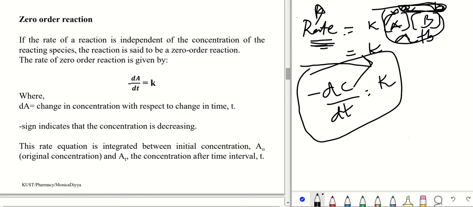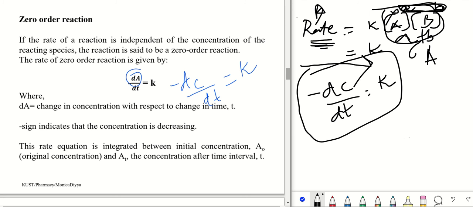In a few journals or textbooks, the concentration term C is also represented as A, which represents the change in concentration with respect to time is equal to the reaction rate constant.